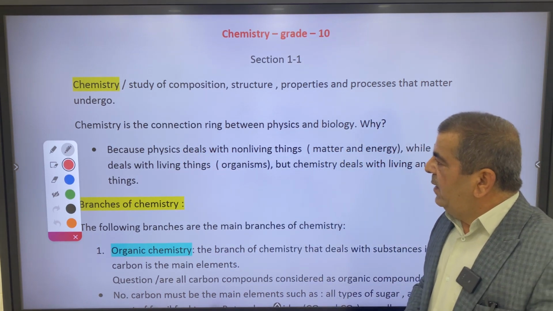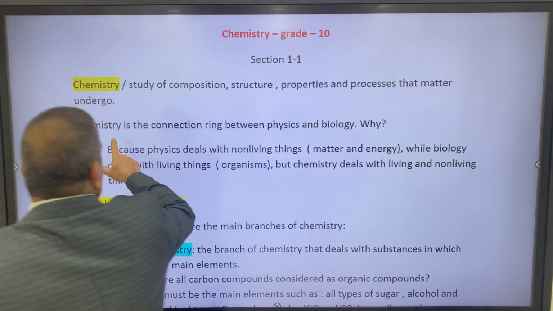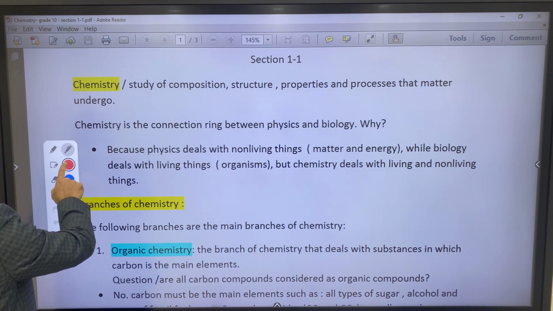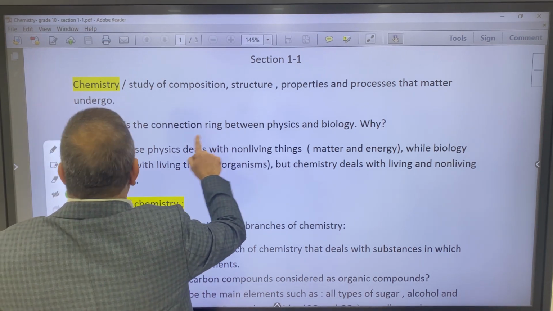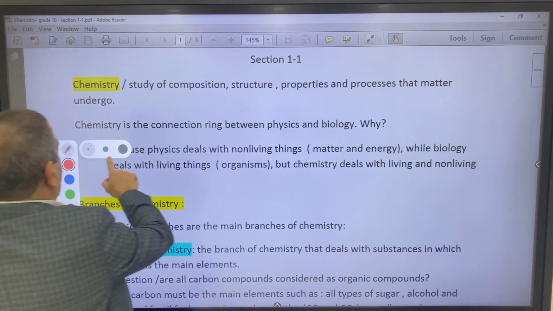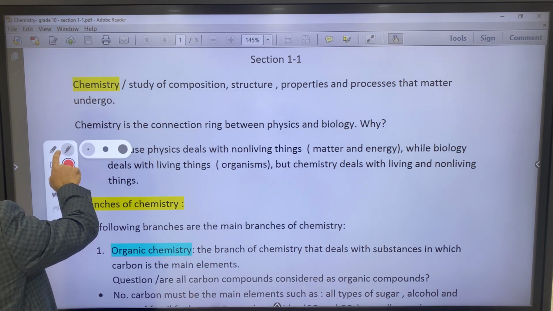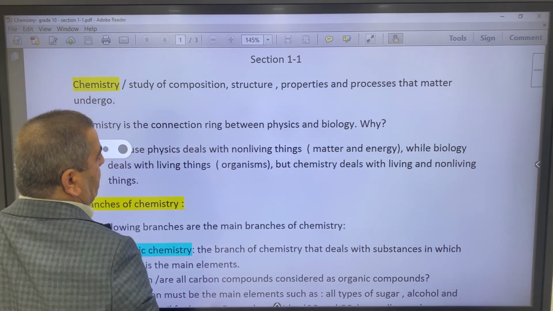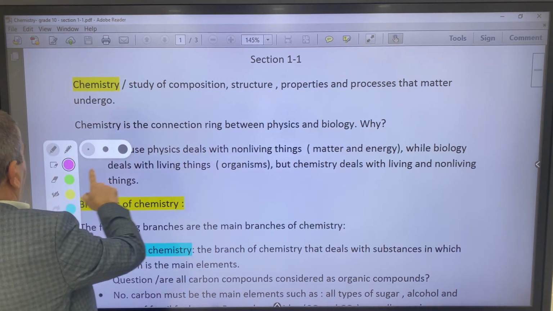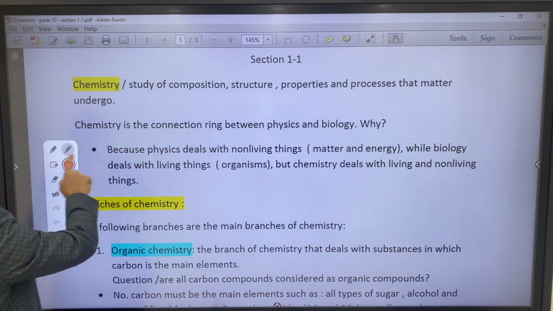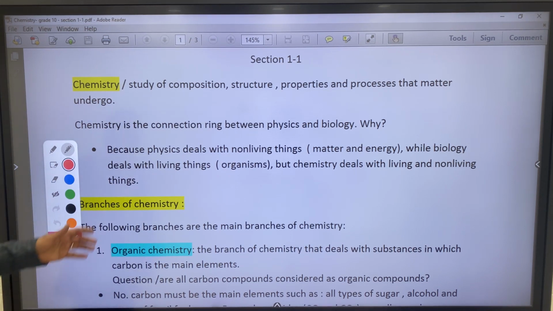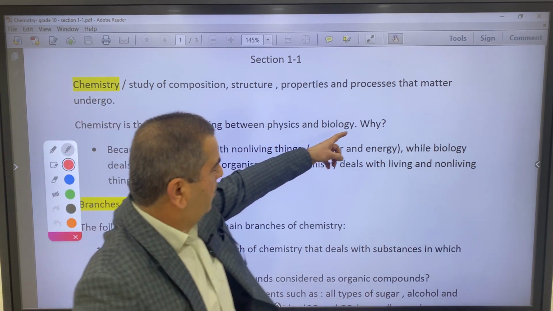Okay. Later we have: chemistry is the connection link between physics and biology.